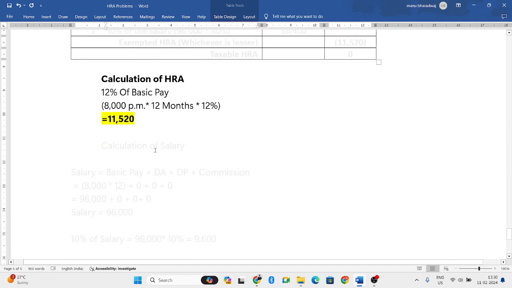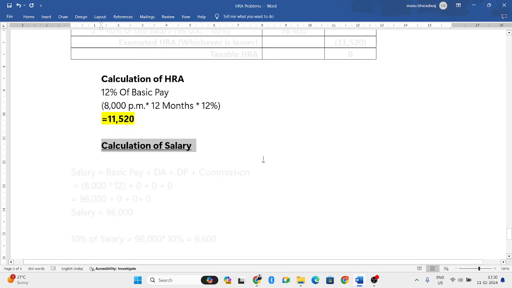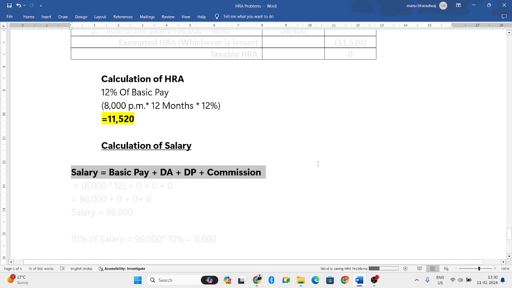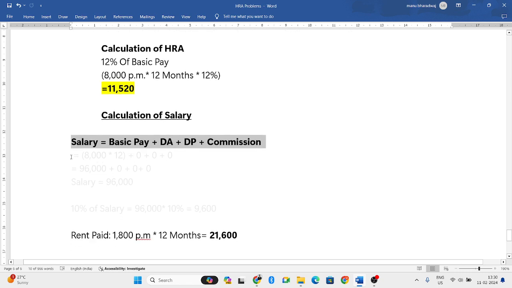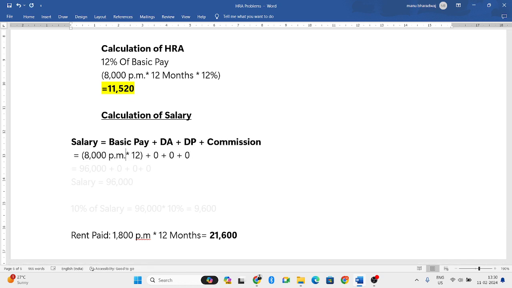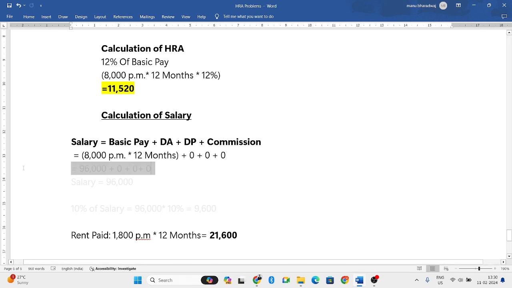So now I need to calculate salary. For the purpose of salary, I will consider basic pay plus DNS allowance entering into retirement benefit plus commission based on turnover. So only basic pay we have, 8,000 per month into 12 months. So total in a year, 8,000 per month into 12 months will be 96,000.